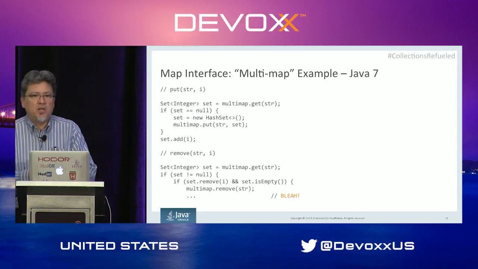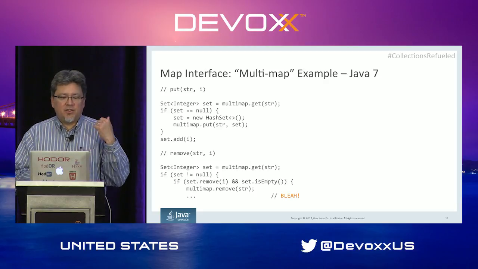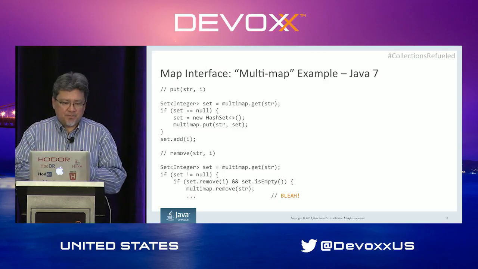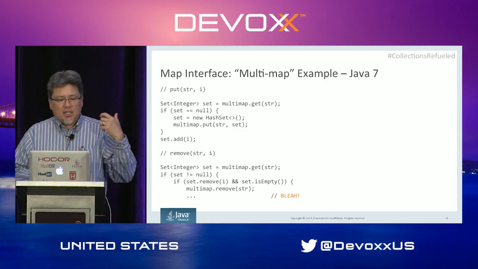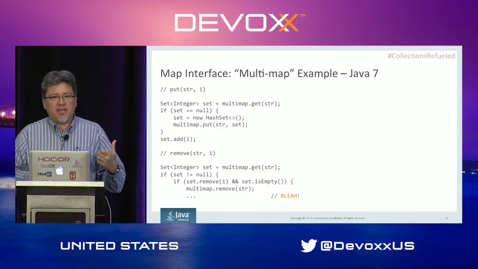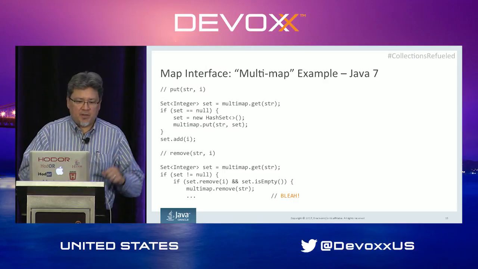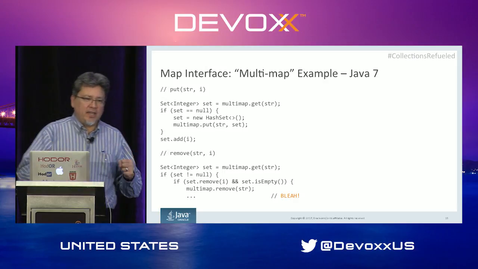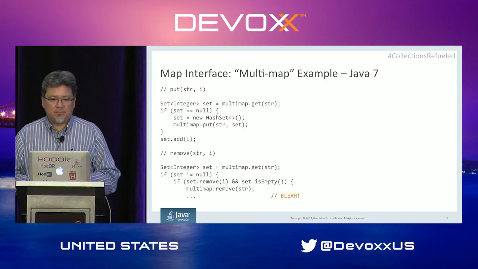If I want to put a value, a string and an integer, into my multi-map, then I first have to get the value for the key to see if there's a set already there. If there isn't, then I have to create a set and put it into the map. And then, finally, I have to add the new integer value into that set.